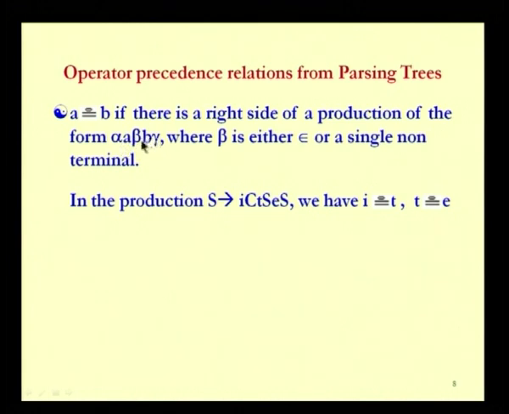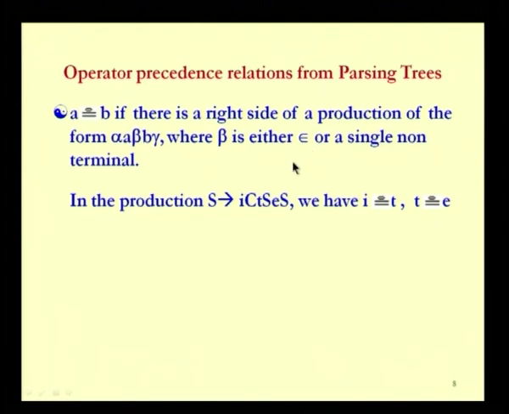What we mean here is that A and B are any two terminals, or they can even be called operators. Alpha and gamma may be any sentential forms, but we have a condition on beta, which is what lies in between A and B. This beta is either an epsilon or a single non-terminal.